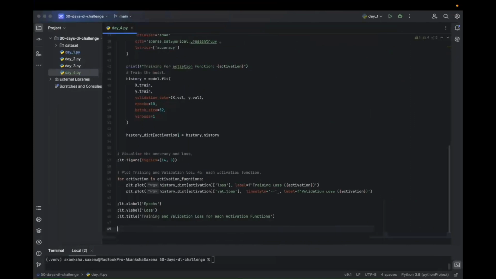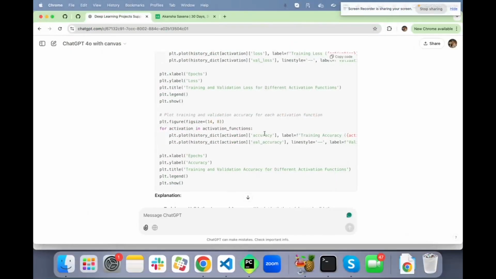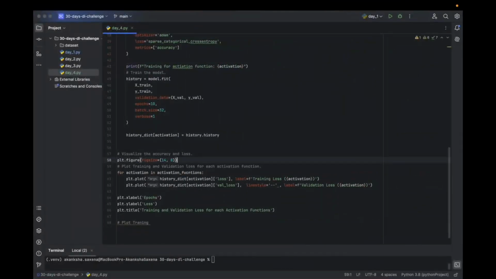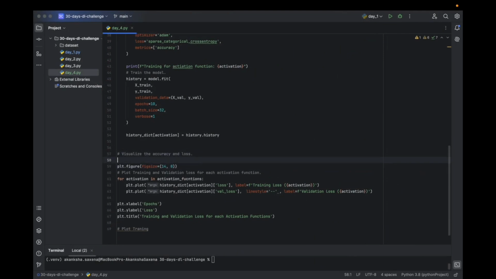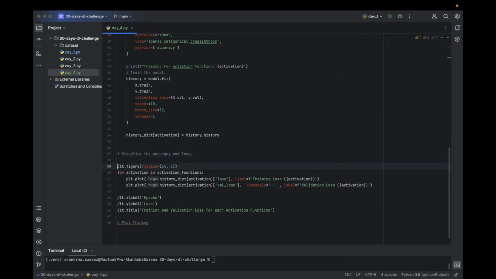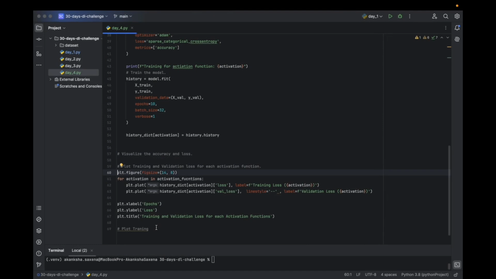Now we want to see the accuracy. So we'll plot training, okay, so this is going to be different. Plot train and validation accuracy for each activation function.